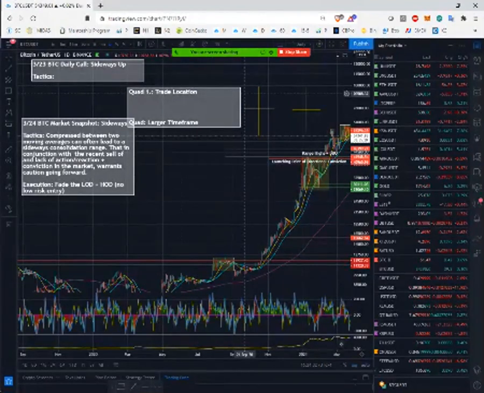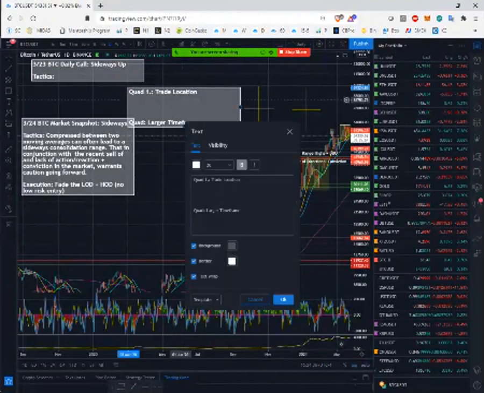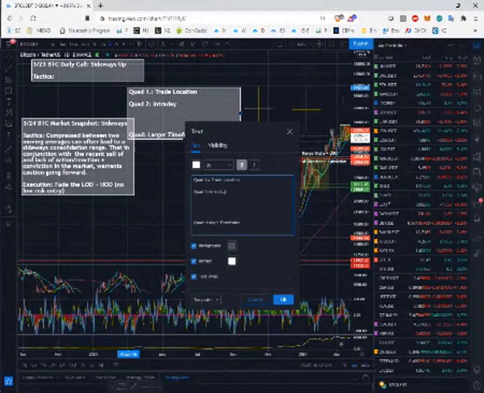When we go over these 4 qualities, quality 1, trade location, let me just write them out and then I'll go over each one, so if I get distracted by a call I won't lose my train of thought. Quadrant 2 is intraday control, basically who's in control of the day.